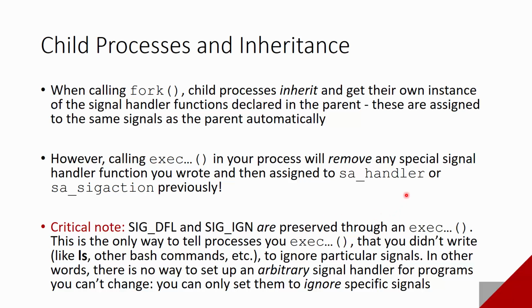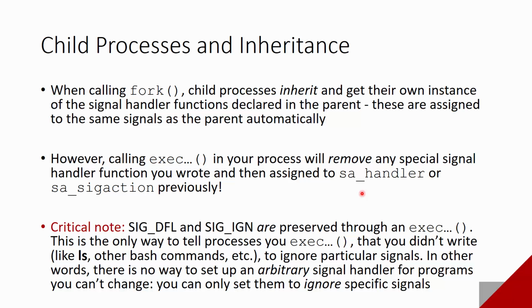This is the only way to tell processes that you use the exec functions on that you didn't write, like ls or other bash commands, that they should ignore a particular signal. In other words, there is no way to set up an arbitrary signal handler for programs you can't change.